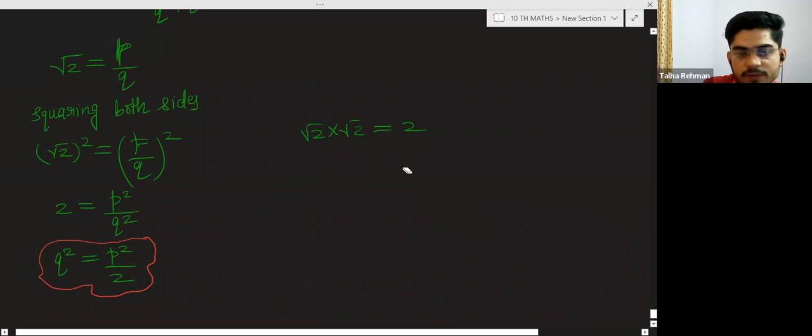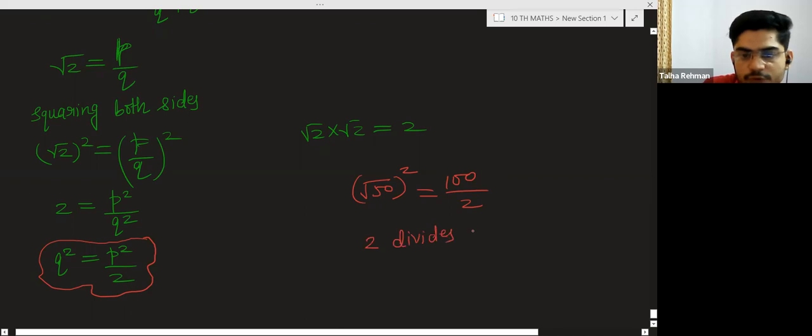We can take another example. 100 divided by 2 is equal to 50, and this is the square of this number. So what does it mean? It means that 2 divides 100.